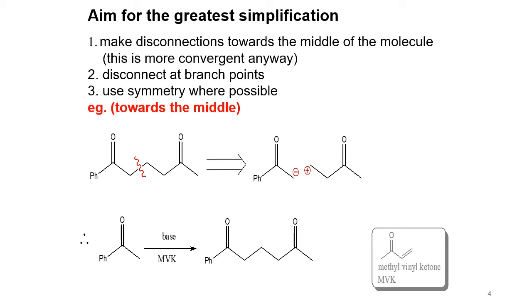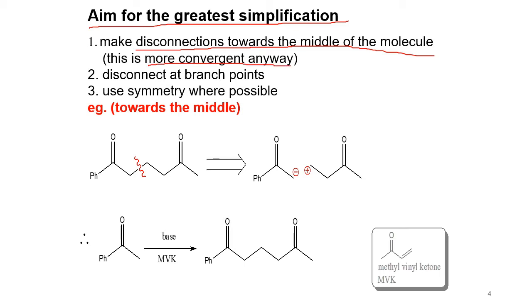Apart from that, we also aim for greater simplification. If we want to make something, we need to make it as simple as possible. So how do we do that? First, we make the disconnection towards the middle of the molecule. This is more of a convergent way, not linear.